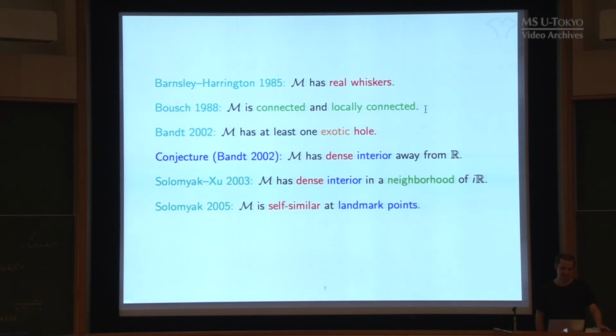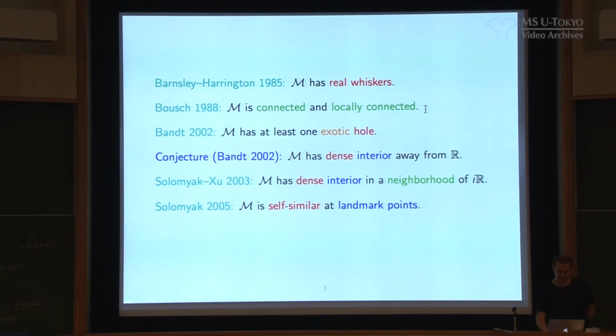One thing Bandt couldn't do was this: he noticed that there were apparently not just one hole, but infinitely many. These holes had little holes nearby them, and the little holes had even littler holes around them, satellites, and it certainly looked to Bandt as though there were infinite sequences of little holes. He would have liked to prove that there were infinitely many of them, and he explicitly asked if there were.